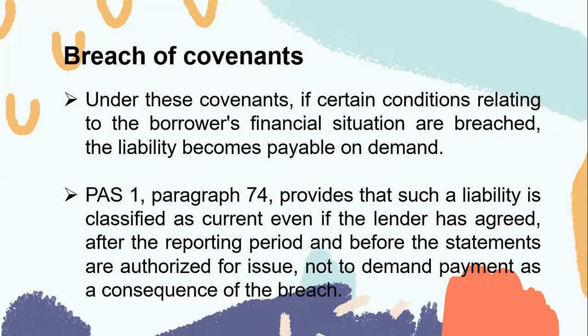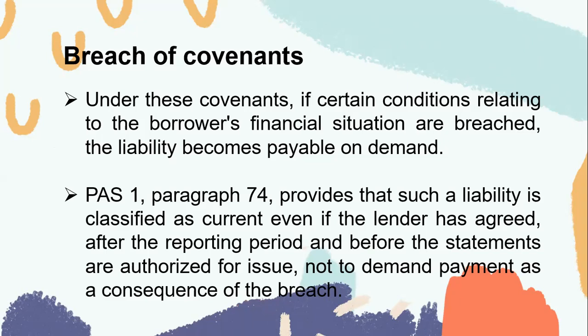So next, Ate Guada, for the breach of covenants. Under these covenants, if certain conditions relating to the borrower's financial situation are breached, the liability becomes payable on demand. Philippine Accounting Standard 1, paragraph 74 provides that such a liability is classified as current even if the lender has agreed, after the reporting period and before the statements are authorized for issue, not to demand payment as a consequence of the breach.